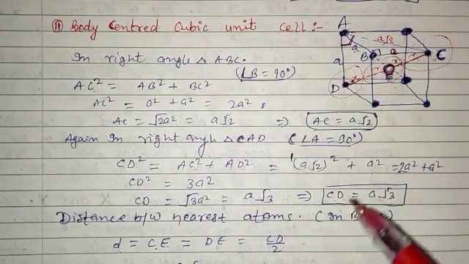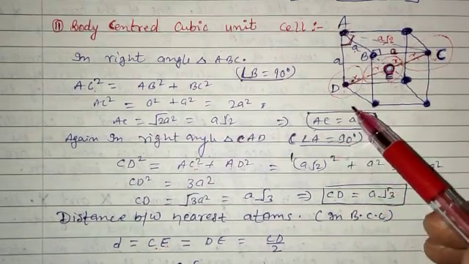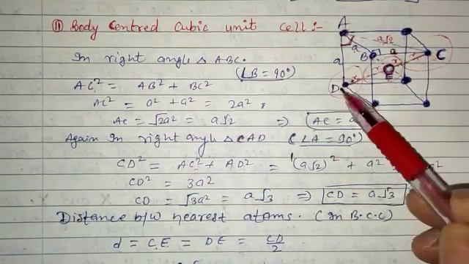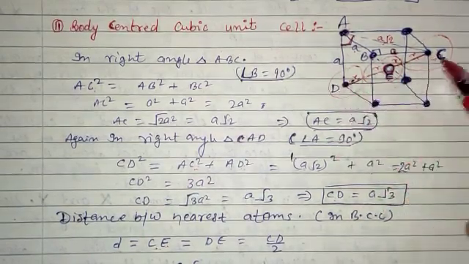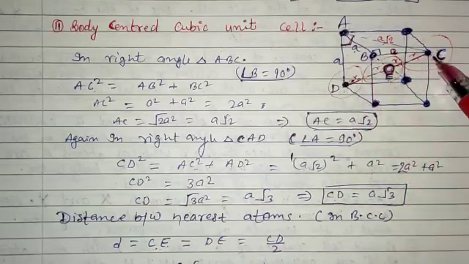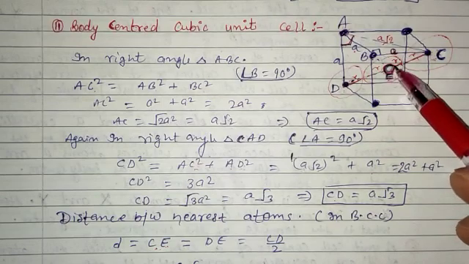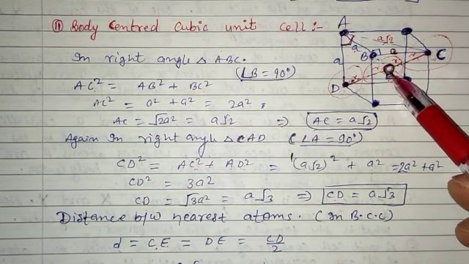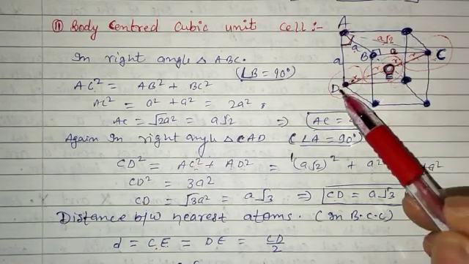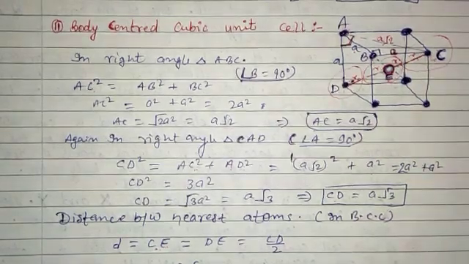Now we will calculate the diagonal of the cubic unit cell, CD. On this diagonal, the atom present at the body center lies.